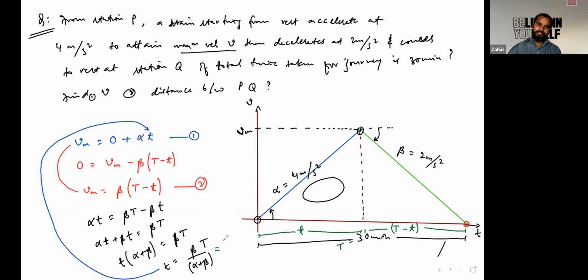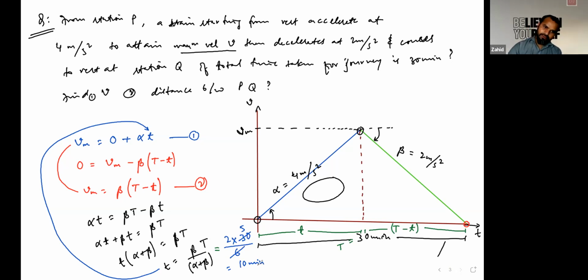Here we have beta, which is equals to 4. Capital T is 30. Divide by alpha, which is 4, and beta. Here we have beta, just 2. Alpha is 4 and beta is 2, so it becomes 6. 6 5s are 30, so it will become just 10 minutes.